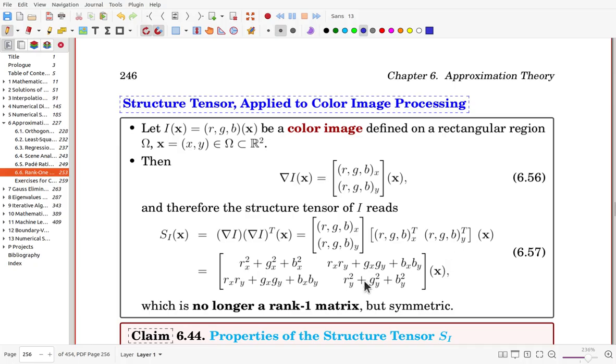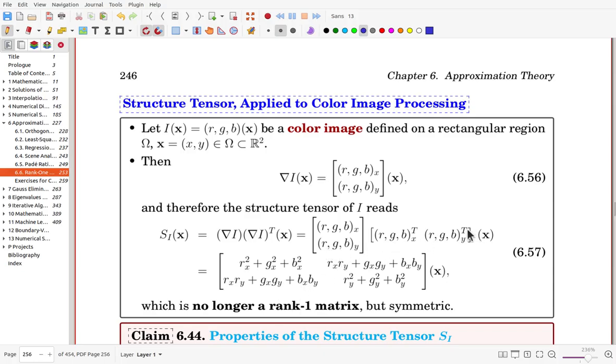Now we make the product. In this product, each is a vector, so the only possible way of the product is the dot product. From these two we make a dot product to get that one, and along with these two we get this one.